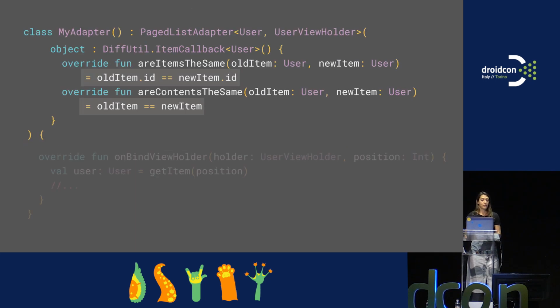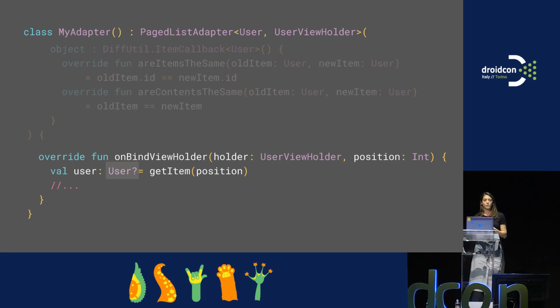Also, we would need to define the item callback exactly in the same way as we did with the list adapter. And then in the bind view holder, we have a small change. Initially, if you're working with a list adapter, you would get a non-nullable object. But when you're working with a page list adapter, you would get a nullable object. And I'll tell you soon why.